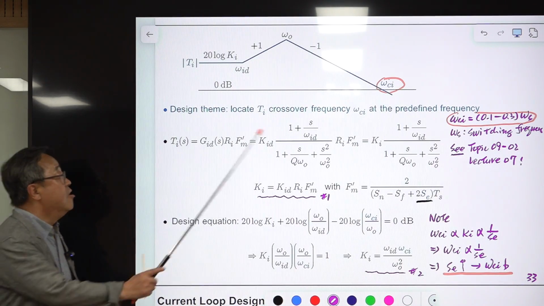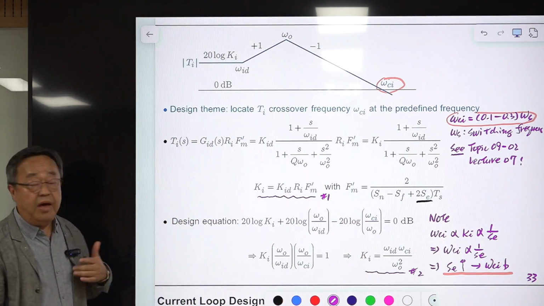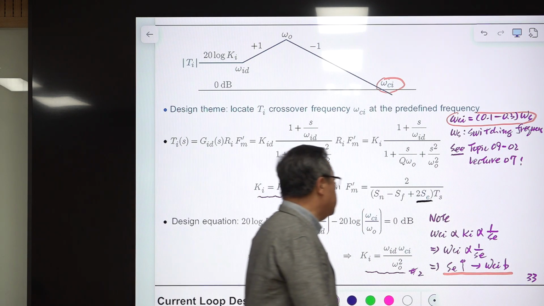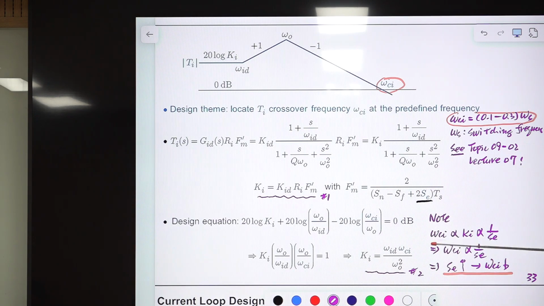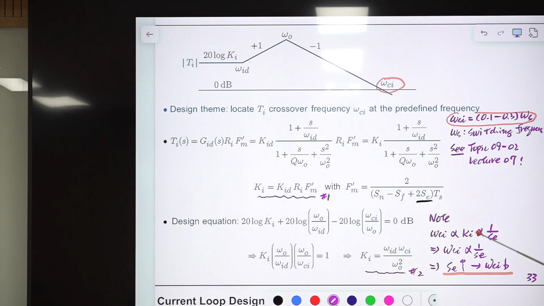Just selecting one number here is the end of the current loop design, then everything will be determined according to this equation. All right? Okay. I'd like to emphasize this. So omega Ci, this 0 dB crossover frequency, is proportional to Ki, and Ki is proportional to 1 over Se.